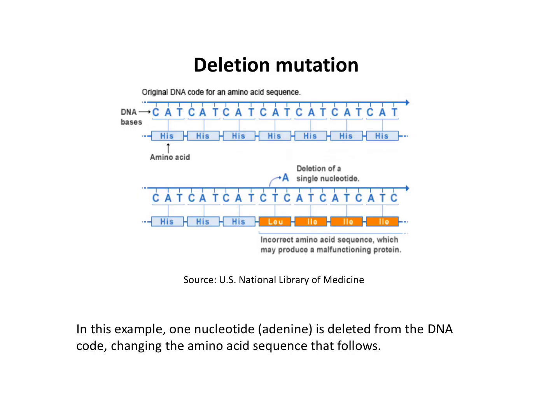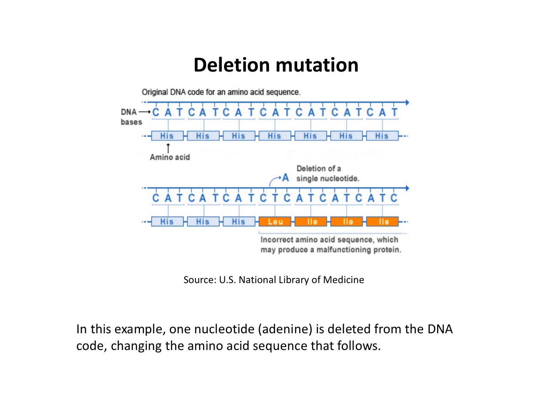Alright, here you can see in this example one nucleotide adenine is deleted from the DNA. You check the top DNA bases, the original DNA code, and then you see the adenine in the next picture is deleted from the DNA, changing the amino acid sequence. So as soon as there is even just a change in one nitrogenous base pair, it will change the entire amino acid code.